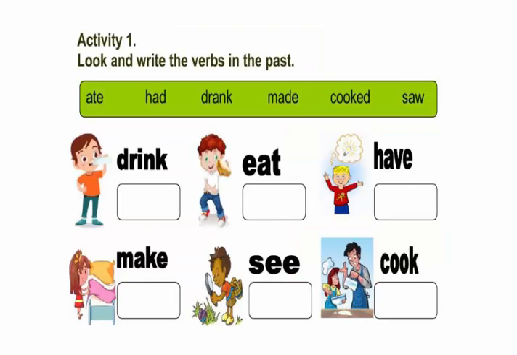Now think about these types of verbs. Look and write the verbs in the past. Drink, eat, have, make, see, and cook.